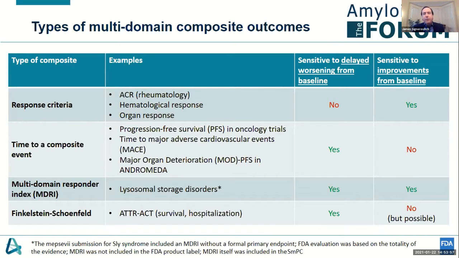And so we're actually trying to create versions of each of these types of composites for AL, drawing on the different measures and domains that the working groups have identified. So they each have their pluses and minuses, and we're going to talk through those in detail as we go through each of the composites.